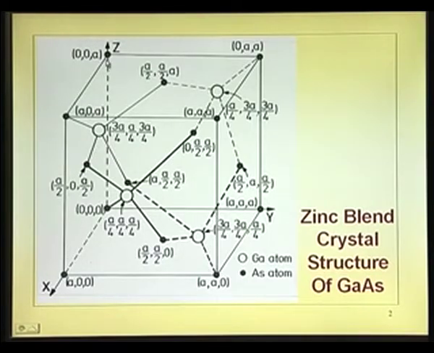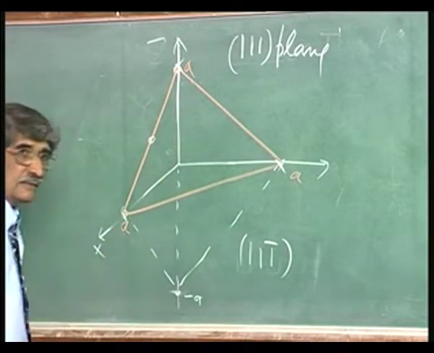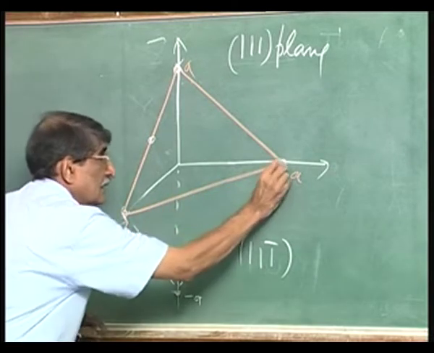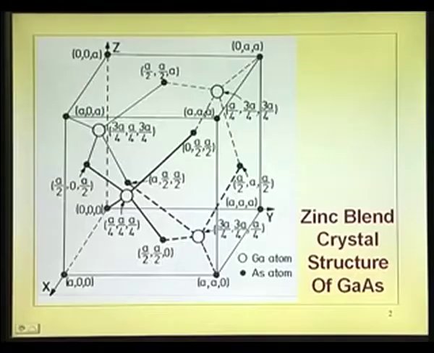So, along the diagonal on that plane, what are the atoms which are present? Arsenic, arsenic, this is inside, arsenic, arsenic. So, that is why you have got here arsenic, arsenic, arsenic, and on this plane you have got arsenic, arsenic, arsenic. Okay. So, that is what you can see here.